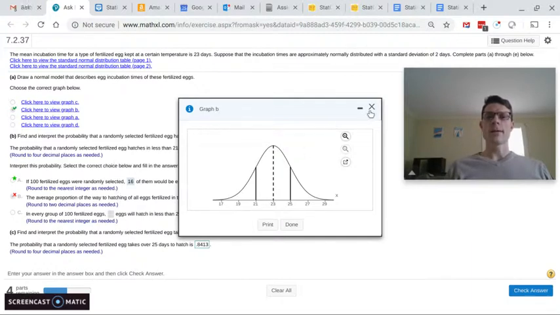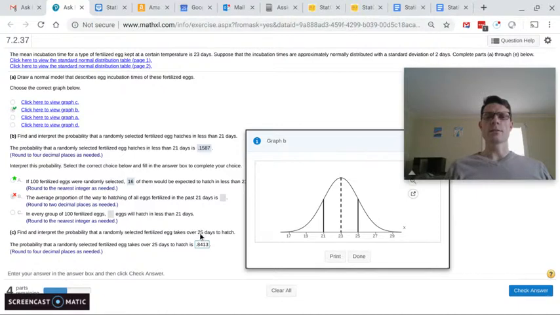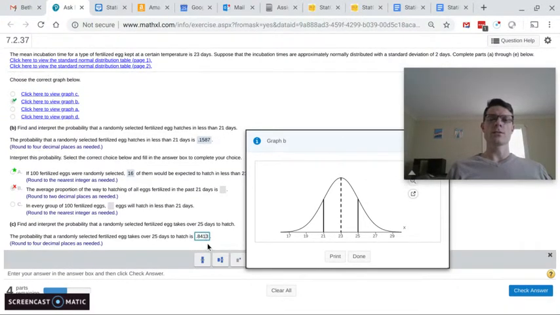I think the student answered 84%, and I think they might have interpreted the probability of a randomly selected egg taking over 21 days, because this looks to be the complement of this. So 84% would be the probability that an egg takes over 21 days, but this says 25 days. So this is actually just going to be the same answer that we have above.